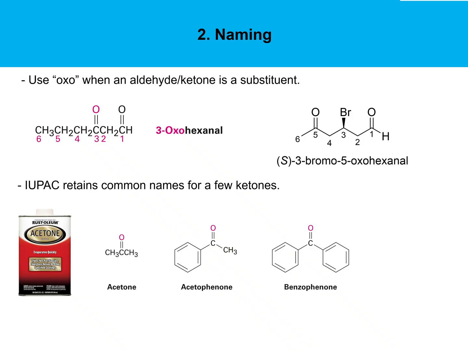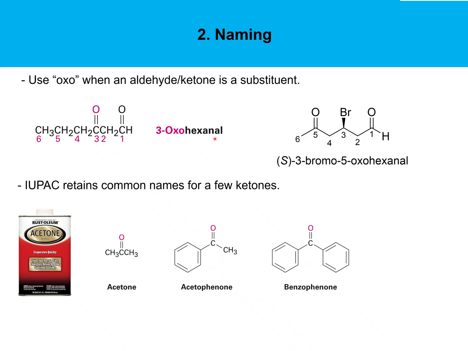So if we have both a ketone and an aldehyde in the same molecule, we can indicate the ketone as a substituent with oxo. In this first example, we have a 6-carbon aldehyde that also has a ketone. So the aldehyde is, of course, on carbon 1, so we would name this as hexanal. And then we have the ketone on carbon 3, so this would be named as 3-oxohexanal.